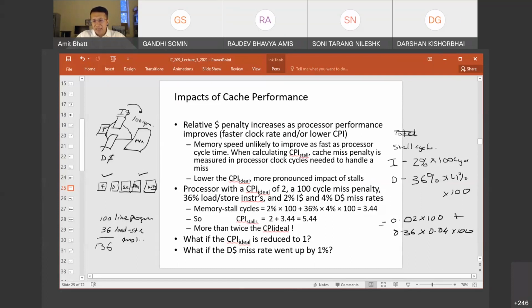Now we have multiplied this by 0.36 for data, and we have not multiplied anything for instruction. We are just directly taking 0.02, that is 2%, multiplied by 100 plus. Here we are taking 0.36. The reason for that is that instruction cache is accessed every time.